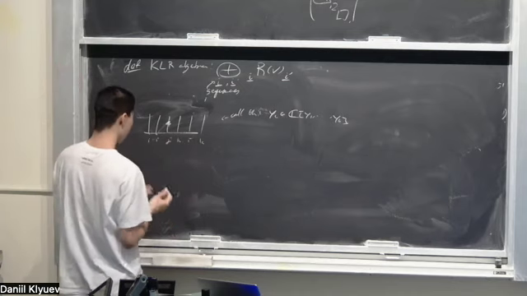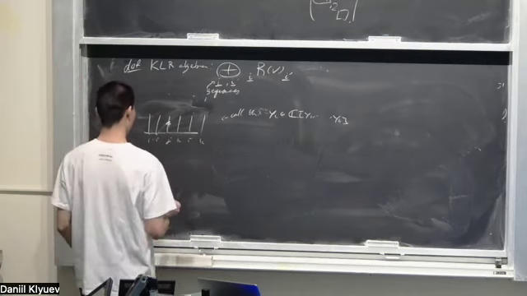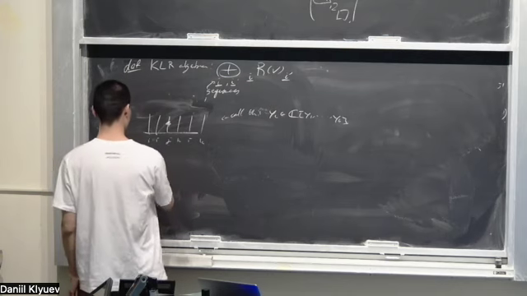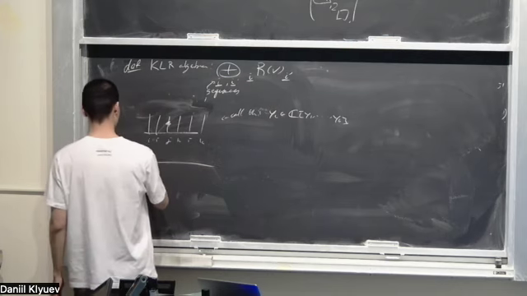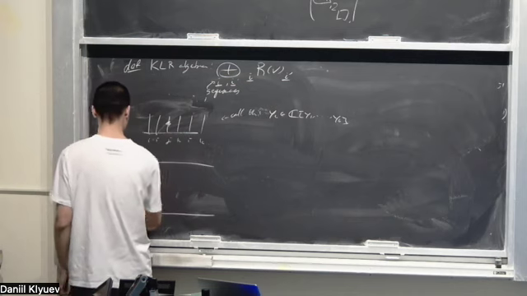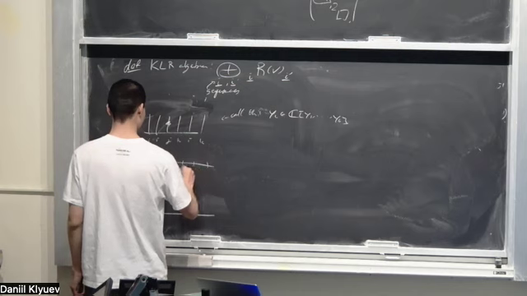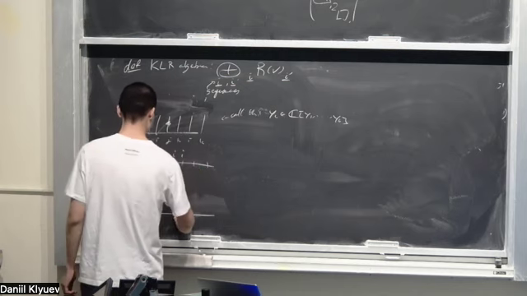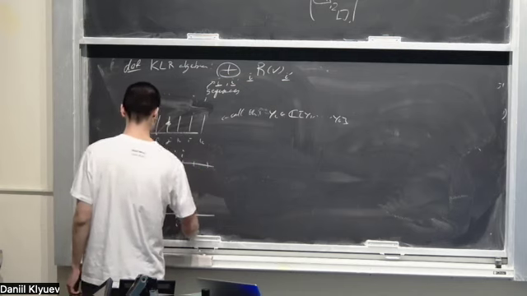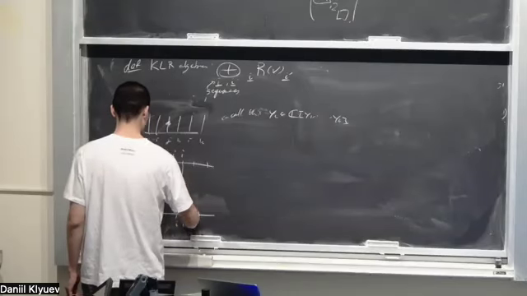If I have this is I and this is I, so they're the same sequences. Then these neighboring ones are labeled by I's and crossed like this.